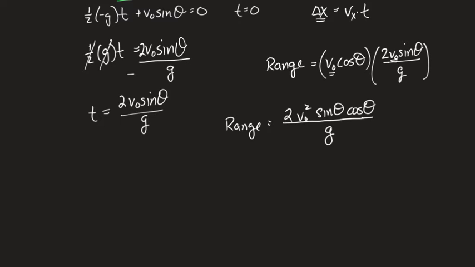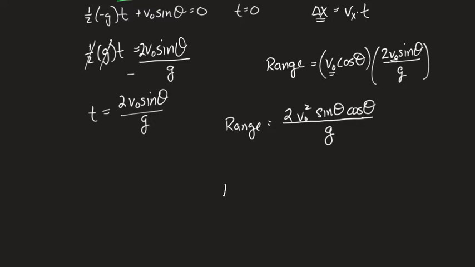Do you see it? Do you see why that might be useful? If not, pay attention. Over here, there was no way for me to separate out theta by itself because there were two trig functions here. So I couldn't get theta on its own to solve for the angle.